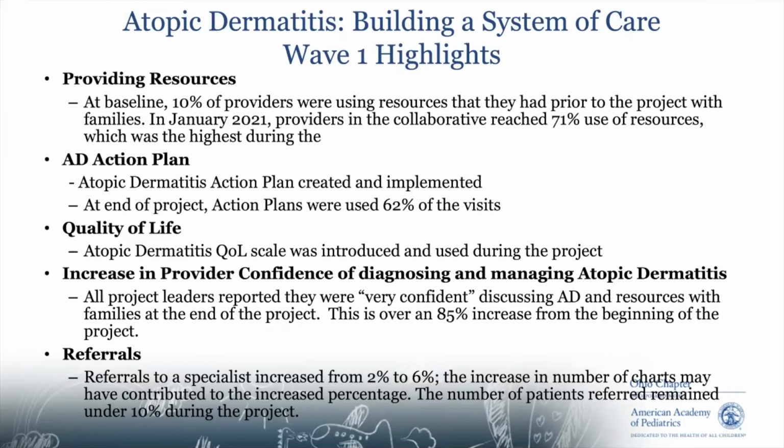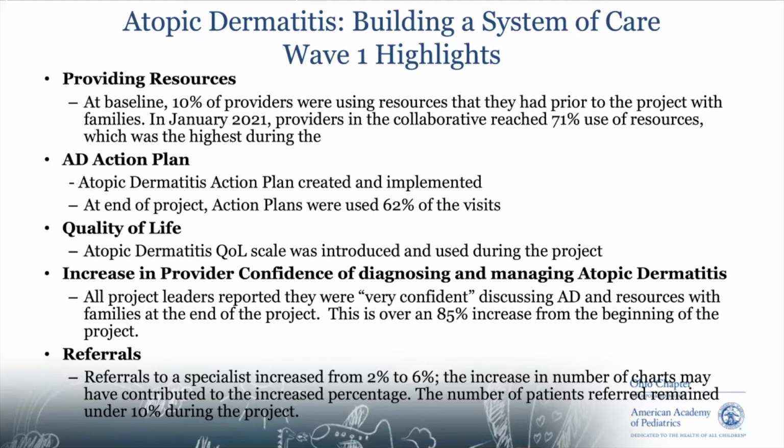In terms of an atopic dermatitis action plan, our team actually created one, and we shared that with the practices. At the end of the project, action plans were used in 62% of the visits for children that presented with a diagnosis of atopic dermatitis.